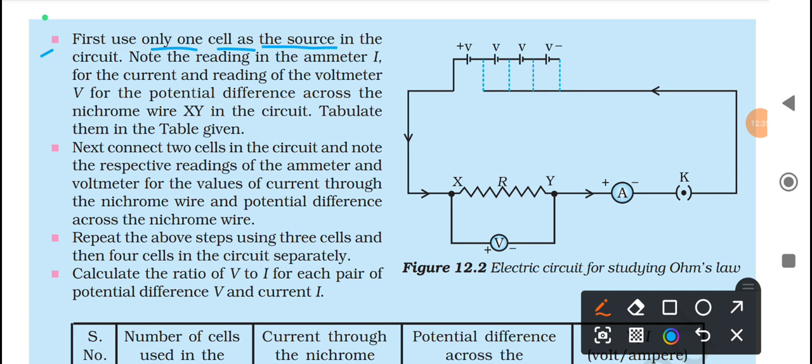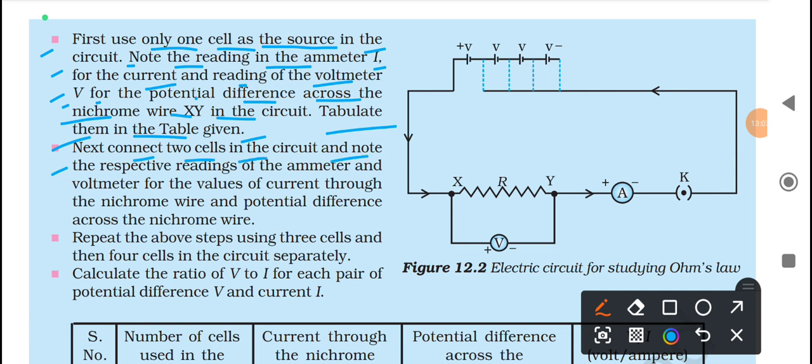First, use only one cell as the source in the circuit. Note the reading in the ammeter I for the current and the reading in the voltmeter V for the potential difference across the nichrome wire XY in the circuit. Tabulate them in the table given.